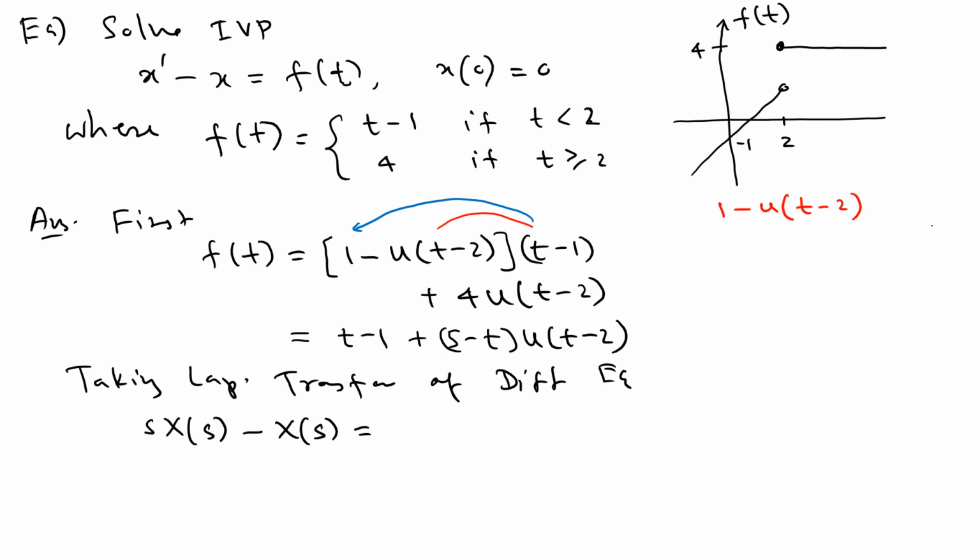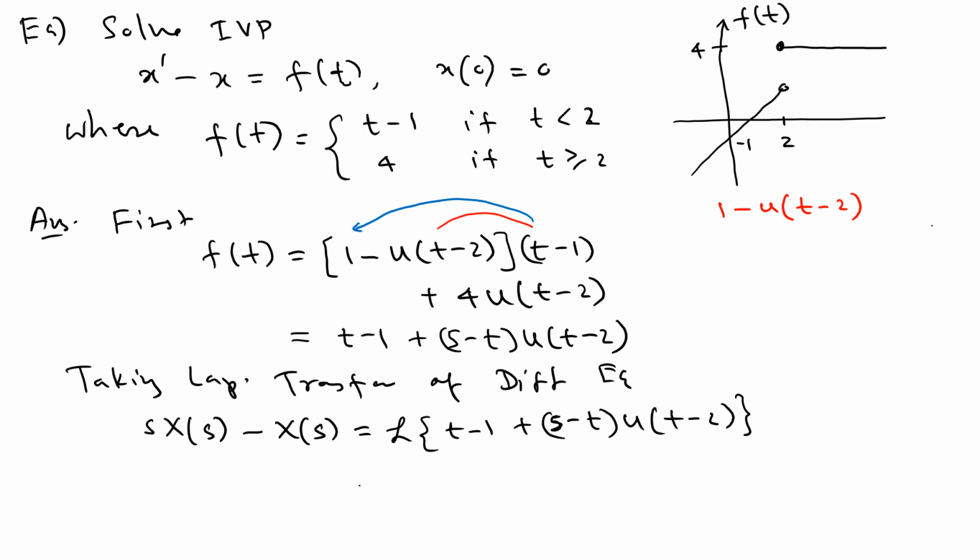And then I need to take the Laplace transform of this function, it is t minus 1 plus (5 minus t) u(t minus 2). So be careful with 5 because 5 sometimes looks like s. This is 5.